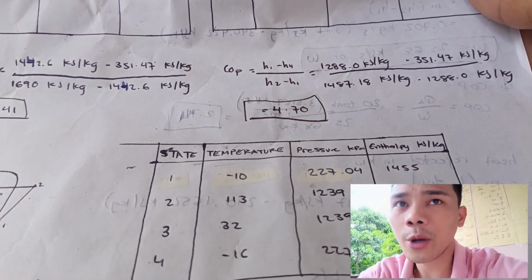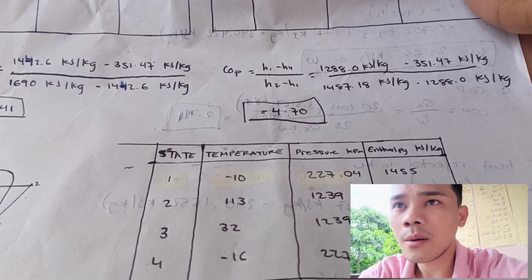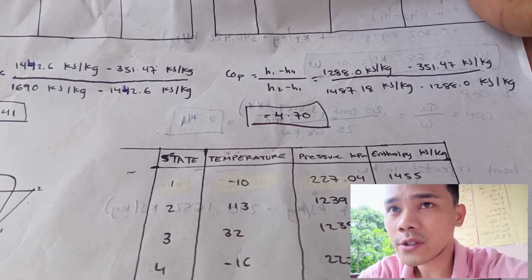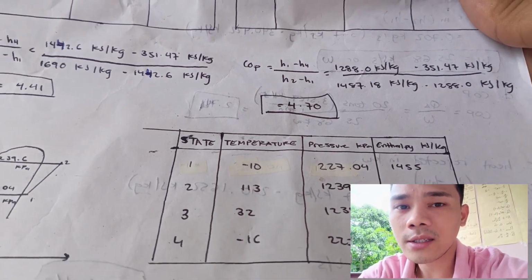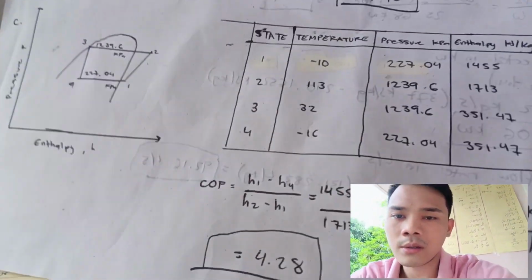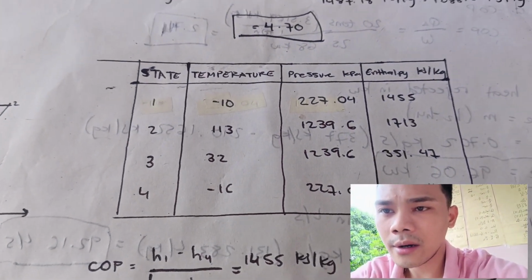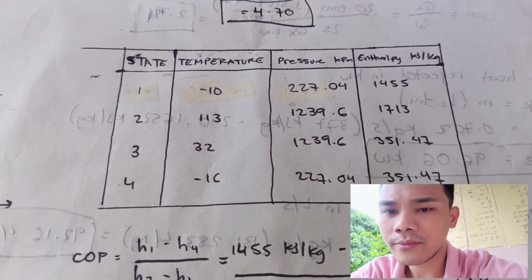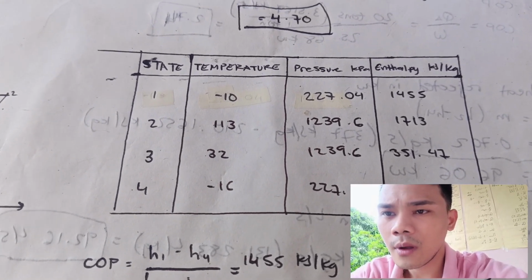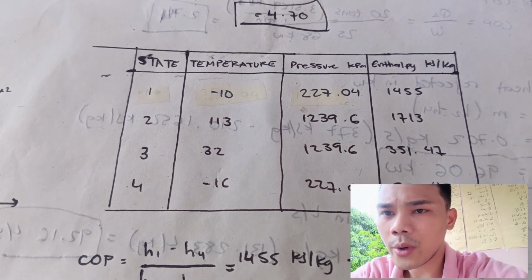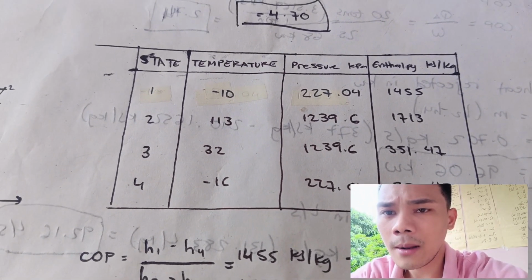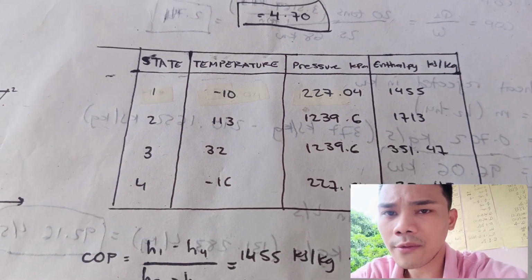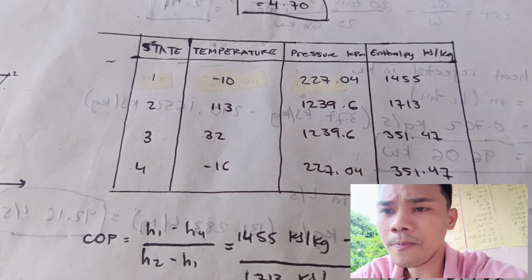So the last thing we are looking for is if the vapor at suction to the compressor is superheated, at 6 degrees. So we have here the table. In state 1, we have negative 10 degrees Celsius, 227 kilopascal, and 1455 kilojoules per kilogram.